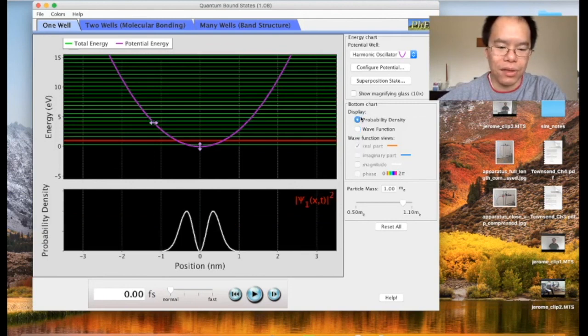I can toggle to seeing the probability density here, where we squared everything. Notice a feature we've seen in a few other cases, like the finite square well: in this energy eigenstate, there's zero probability to be right at the center of my well.